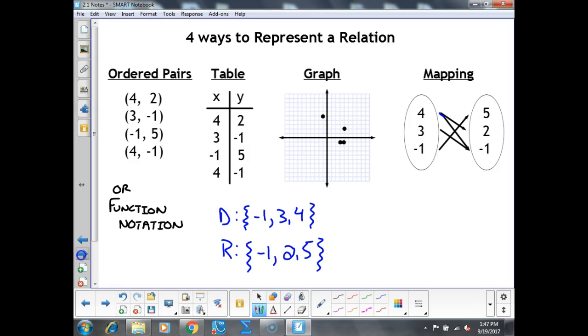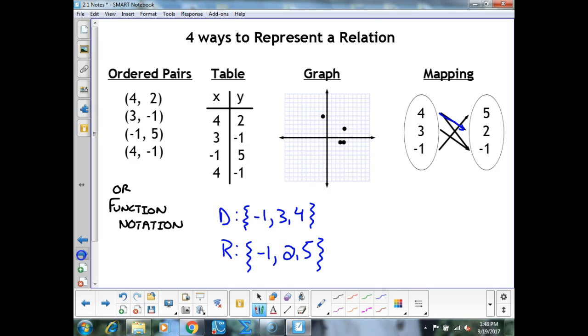So that is represented right there. That is the point (4, 2). (3, -1). (1, 5), and (4, -1). It's just a lot of funky arrows. That's all.